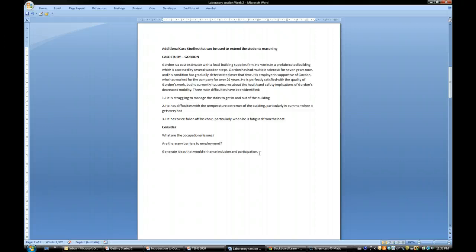For example, he's struggling to manage stairs, he has difficulty with temperature changes within the building, and he's fallen out of his chair a couple of times. So students discuss in groups what the occupational issues and barriers to employment are, and generate ideas that would enhance inclusion and participation for Gordon.